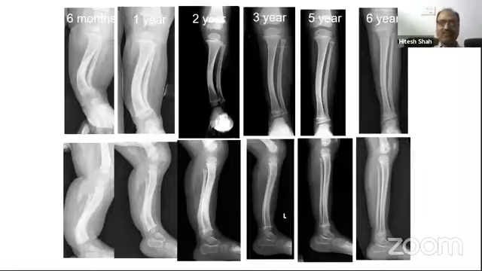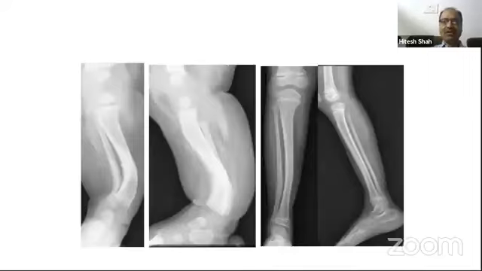Another aspect of the residual problem: sometimes they may have ankle valgus, whenever it is associated with wedging of the distal tibial physis. Those cases will require screw epiphysiodesis or growth modulation. But by and large, the story is that it will get corrected on its own.